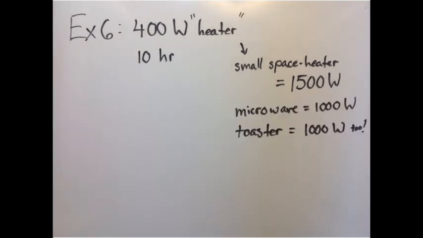So I looked it up, and actually a microwave is 1,000 watts, and so is a toaster. So 400 watts is enough to heat something up, but probably not to raise the temperature of your bedroom very much. A microwave and a toaster are heating very small volumes, and so 1,000 watts is plenty to get your soup boiling in a couple of minutes.